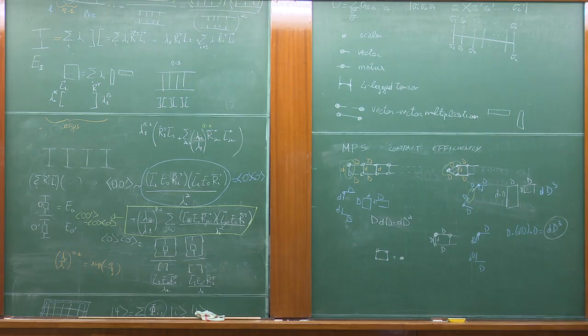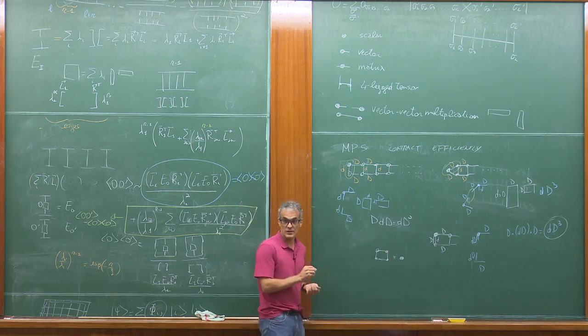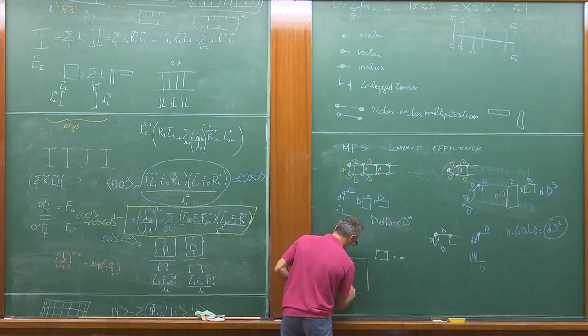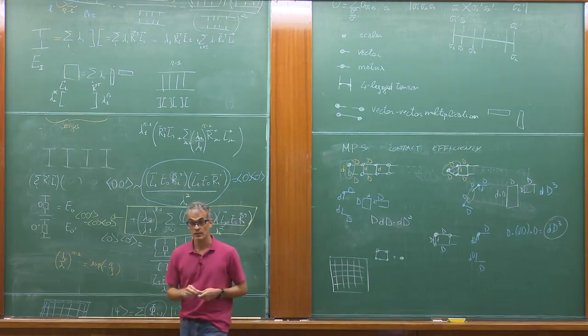This is better than other methods. Oh yeah. How about the other methods? Yeah. So let's say you take 2D systems. Then it's very, very hard. Actually, the problem of contracting 2D tensor networks is P sharp, okay?